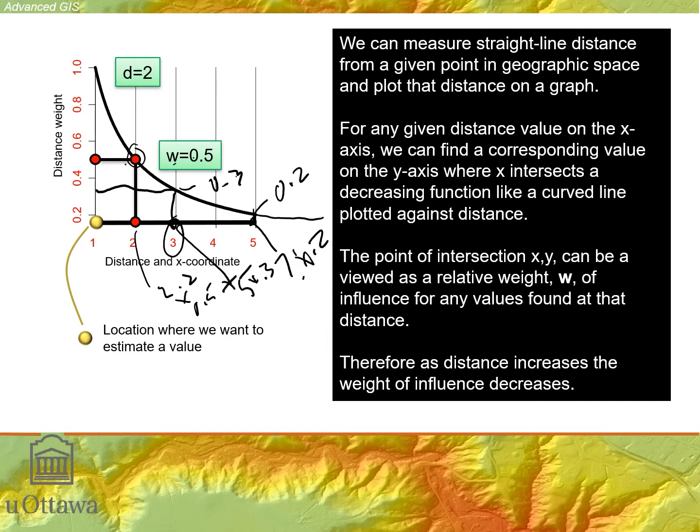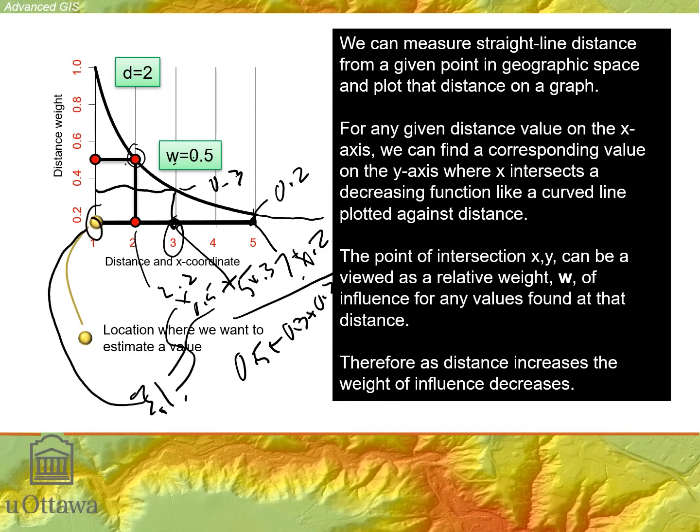And we'd add all those together and divide it all by the sum of the weights, which would be 0.5 plus 0.3 plus 0.2, and that value, let's say approximately equal to 3.1, would be assigned to this unknown location, and that would be called an interpolation, an inverse distance weighted interpolation, because as distance increases, the weight of influence of existing measured values on the unknown location decreases.